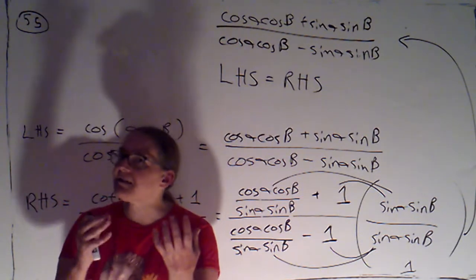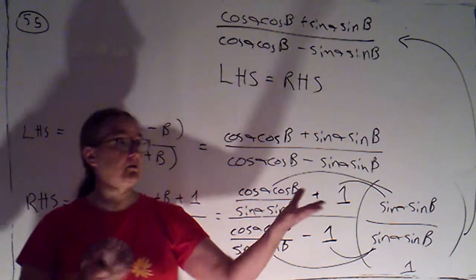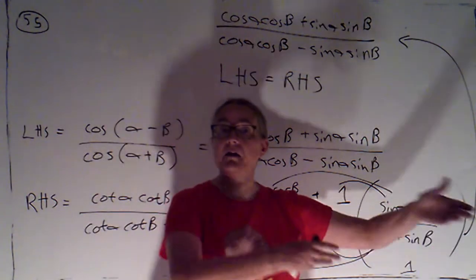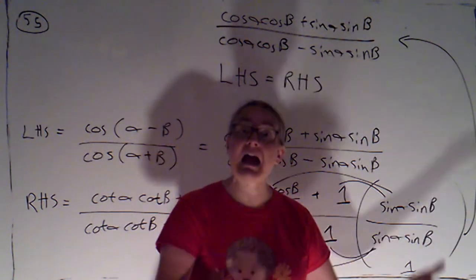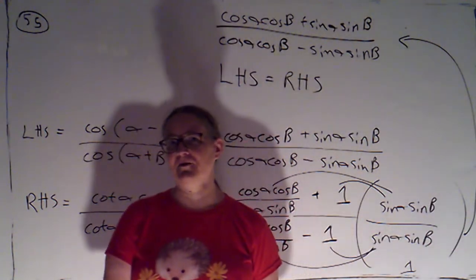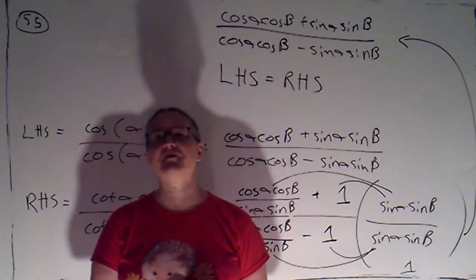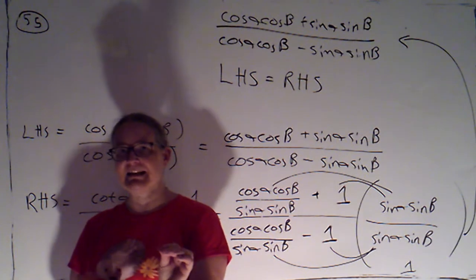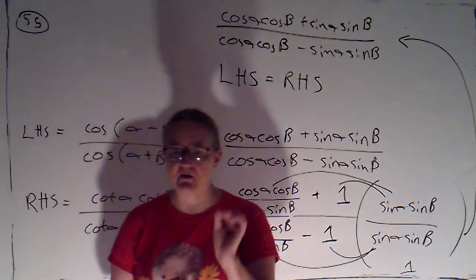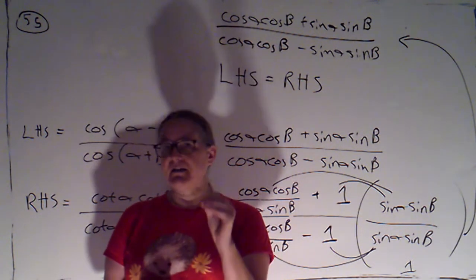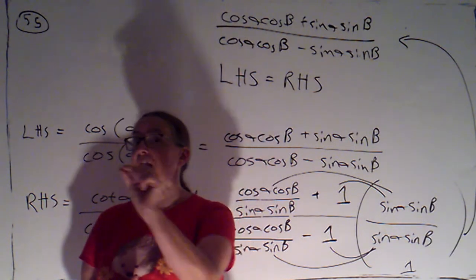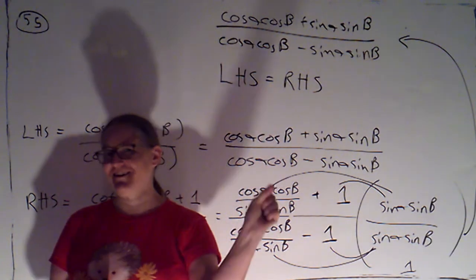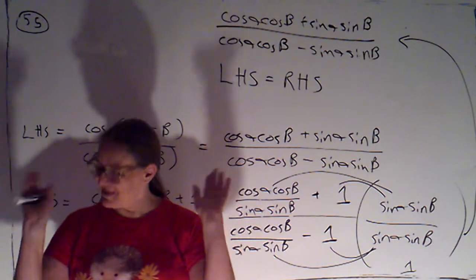But I can see things that I can do to simplify, and I just say, I could do this, I could do this. I just walk along and then I say, now it's obvious that they're equal. But it's almost never obvious from the beginning. So there's nothing wrong with you if you look at an identity and say, I don't know why those are equal. What you need to be able to do is say, I can see a way that I could simplify one of those sides. If you see something you can do, that's all you need.